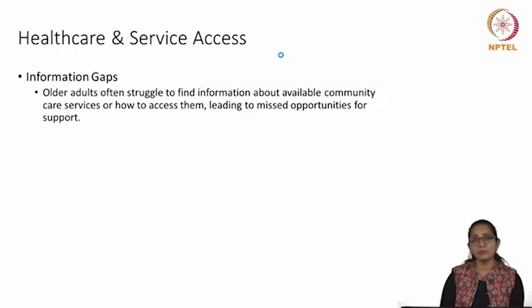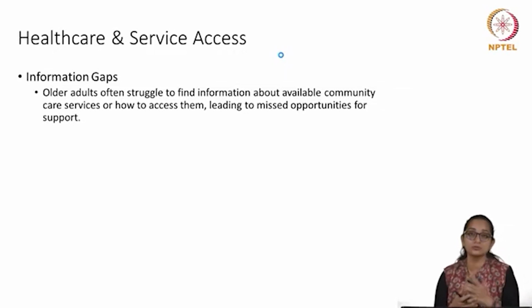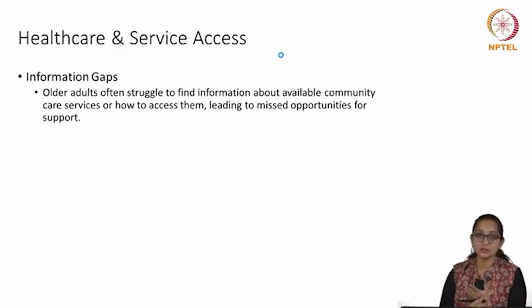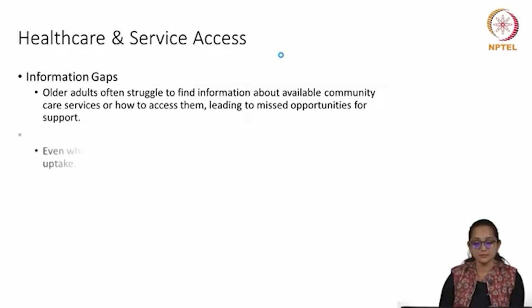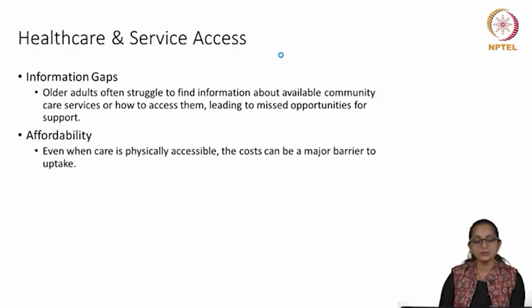This can be an important area where ICT innovators can look at this problem and try to deliver a solution, how to make information related to support systems available to people who are elderly. Affordability: even when care is physically accessible, higher costs can be a major barrier.